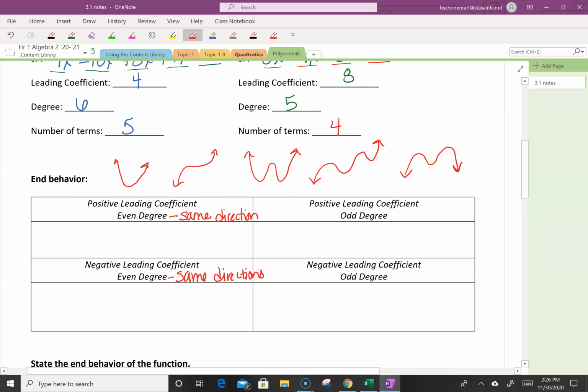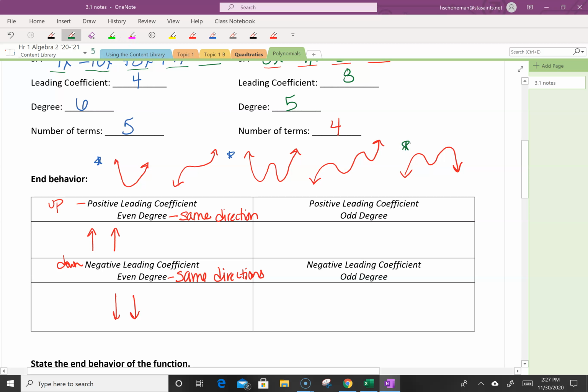Well, how do we tell which one's which? Well, if it's positive, they're both going to go up. So that's like here and here. Okay. If they are negative, they are both going to be opening down. Okay. Example of that would be here.